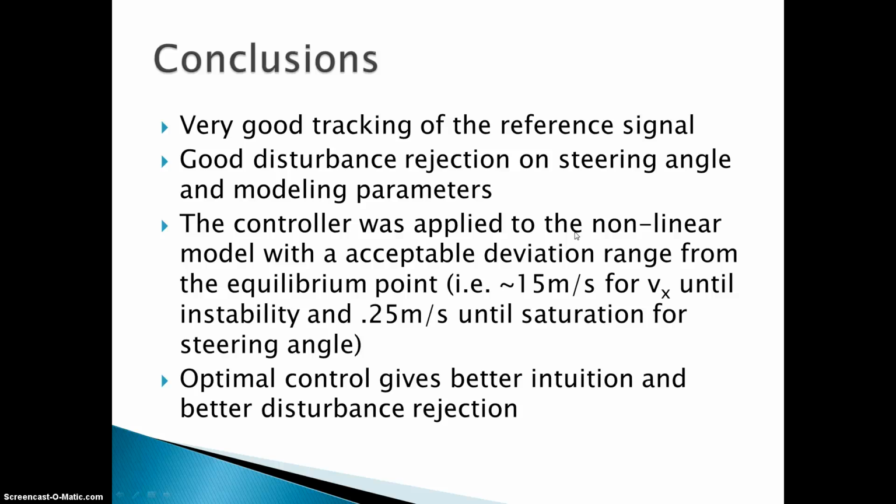However, that was acceptable and expected, and it gave us a range of around 15 meters per second of deviation in longitudinal speed, and around 0.25 degrees per second deviation in our yaw rate. And at last, we saw that optimal control does give us better intuition of the system, and also improves our disturbance rejection.